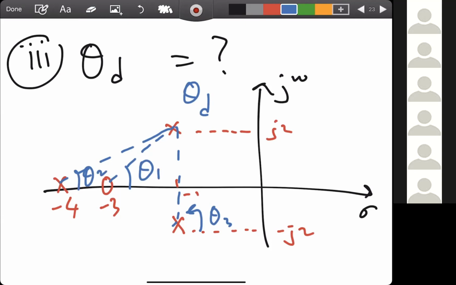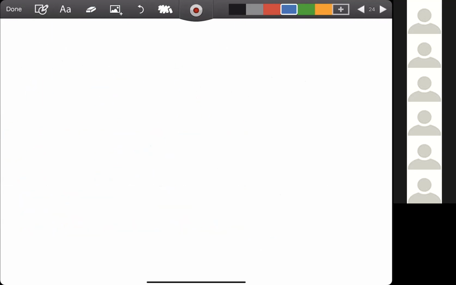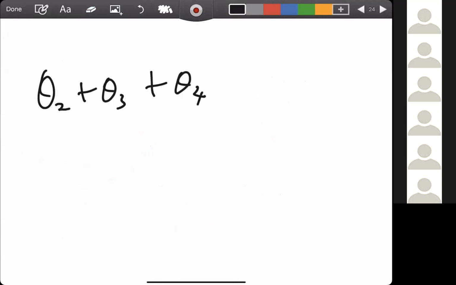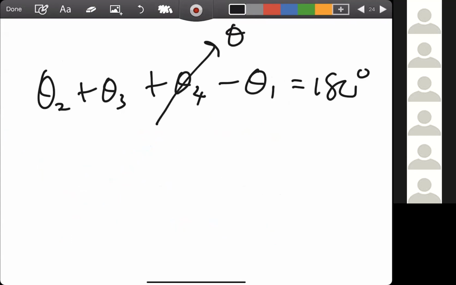Right, so draw it and then write the formula, which is theta 2 plus theta 3 plus theta 4 minus theta 1 equals 180 degrees. Theta 4 is actually the theta departure. Theta 1 is 45 degrees.